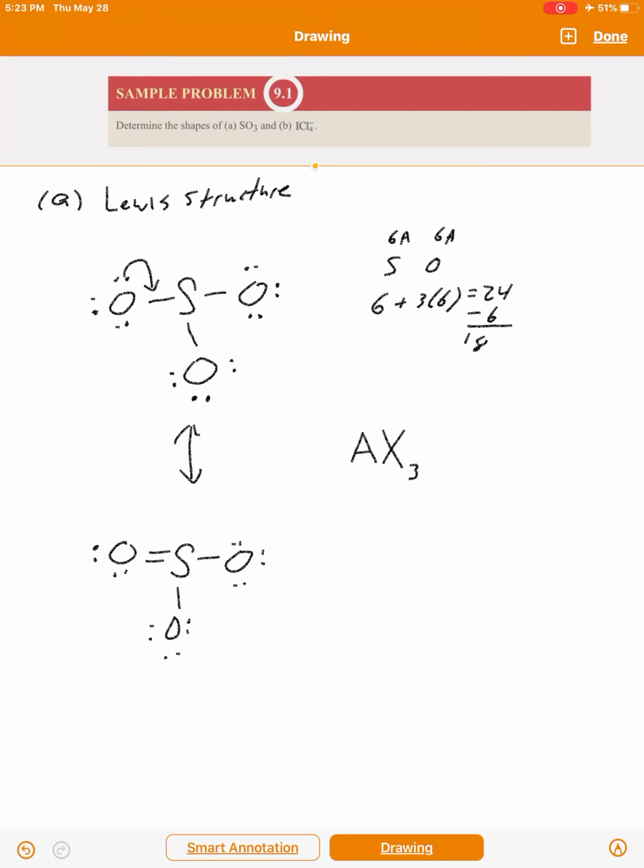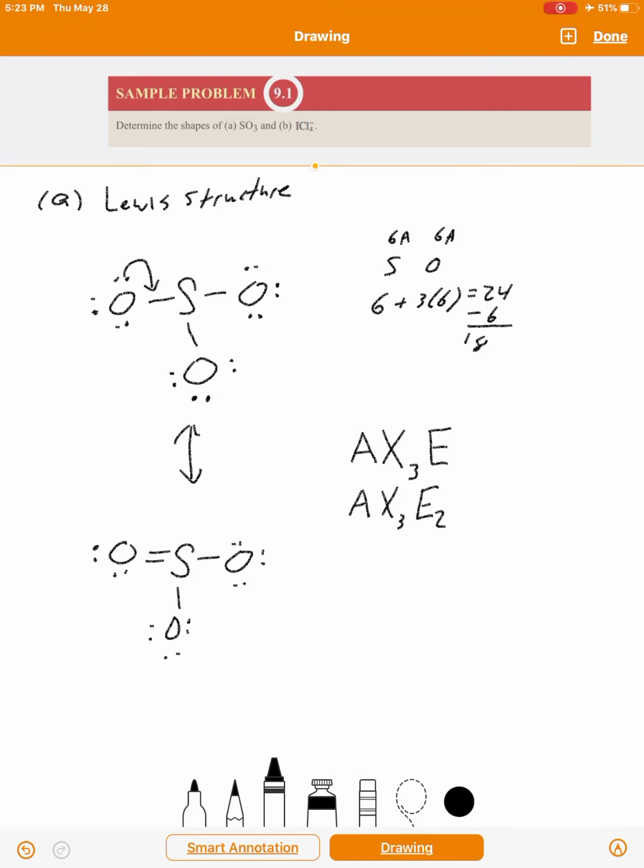Next, we identify whether there are any lone pairs on the central atom. If there are lone pairs on the central atom, we would write in, let's say if there was 1 lone pair, we would write in E. If there were 2 lone pairs, we would write E2, and so forth. But there aren't any lone pairs, right? On the sulfur, we're only talking about the central atom. Okay, so it's just AX3.